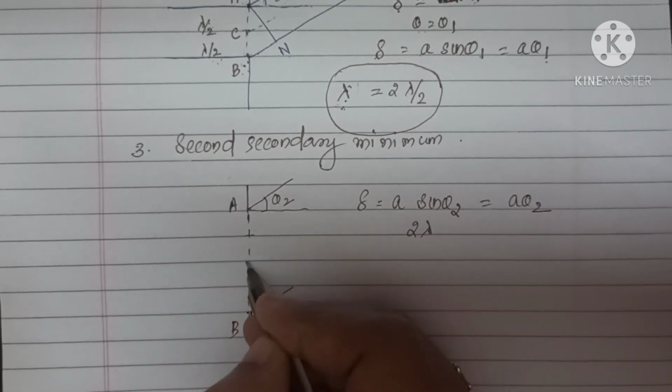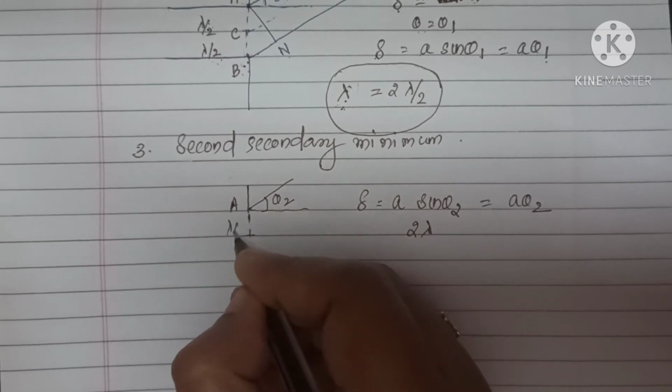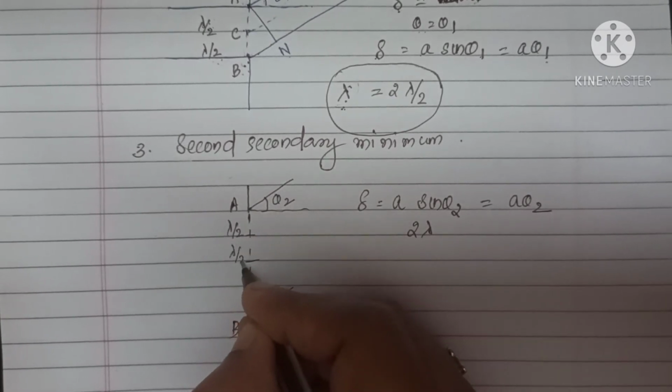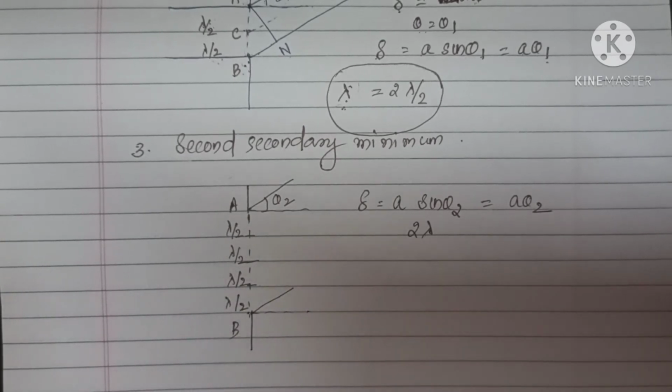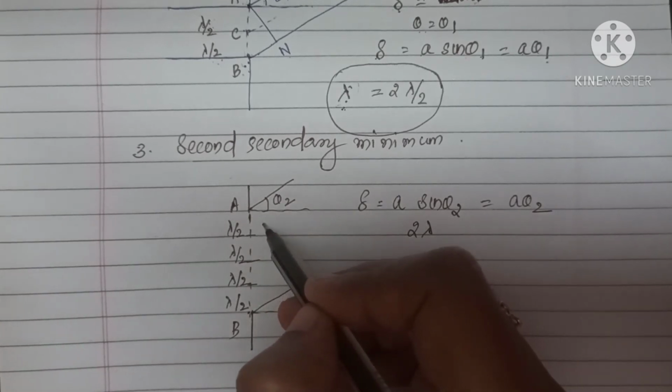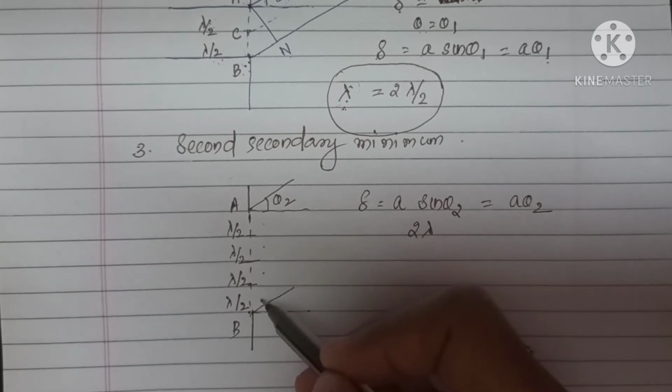That means 4 parts are there having lambda by 2 each. Lambda by 2, lambda by 2, lambda by 2 and the 4th lambda by 2. So what will happen? For each upper half there will be a lower half.